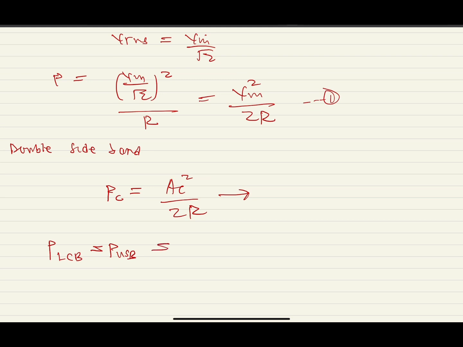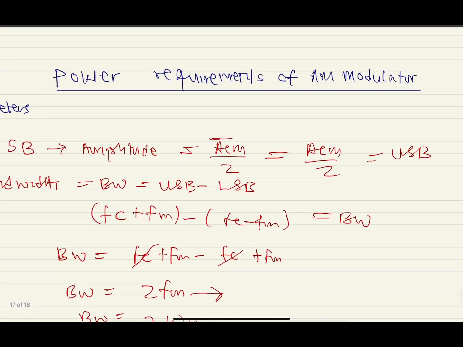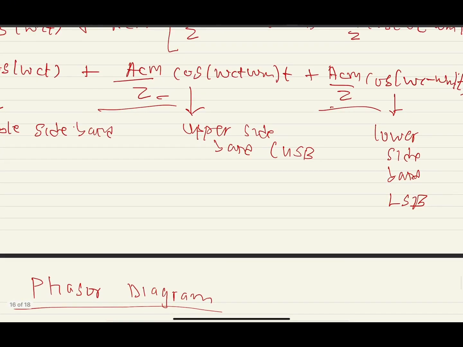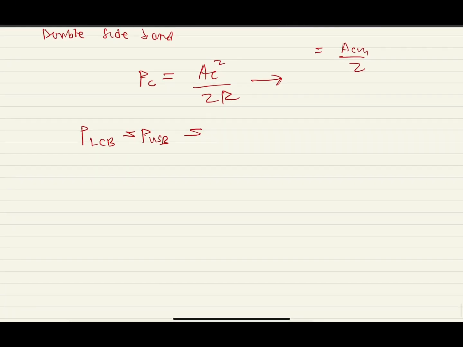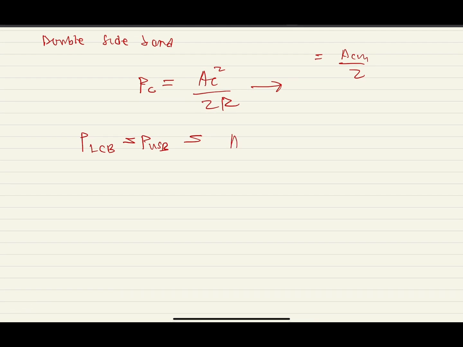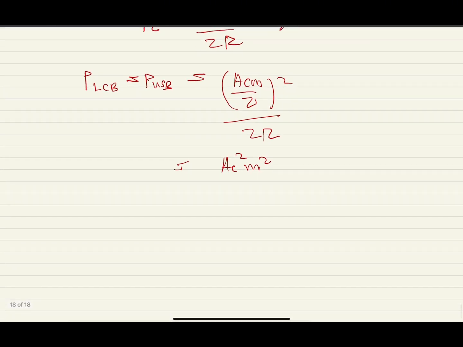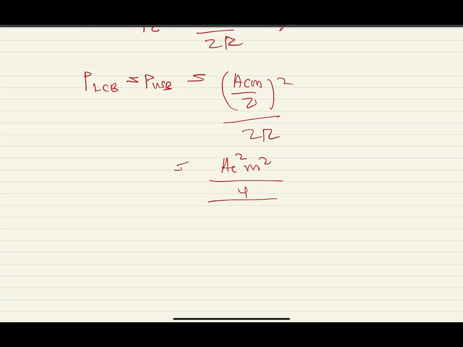When we substitute, the amplitude is equal to ACM over 2, as you can see in the envelope equation. So we substitute ACM over 2, all squared, over 2R. When we do that, we get AC squared m squared over 4, all over 2R.